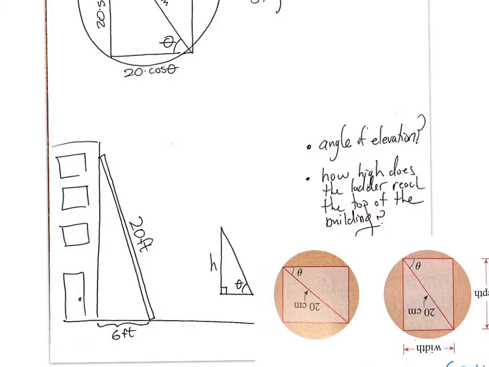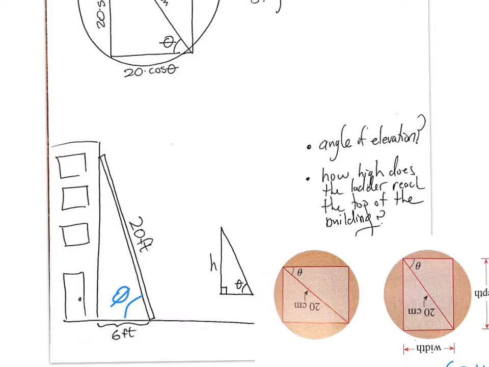So first, angle of elevation, that means with respect to the ground, how much should we have to tilt it up? So that right there, this theta, is the angle of elevation. So we have our little SOHCAHTOA over here. We're looking for our angle of elevation, and we're looking for the height.